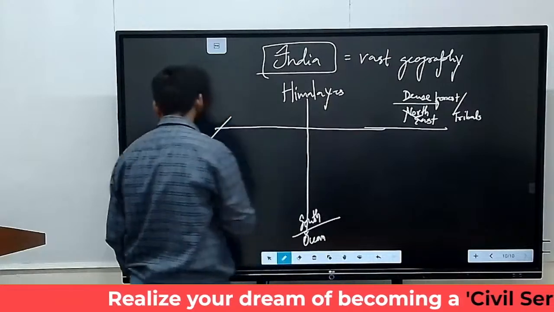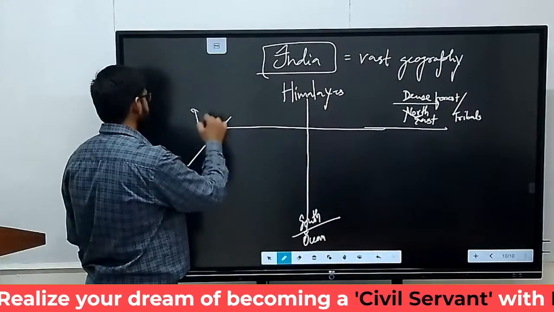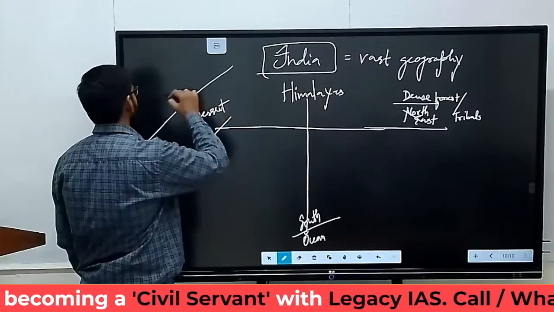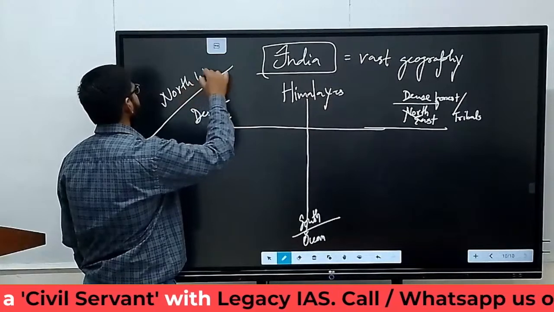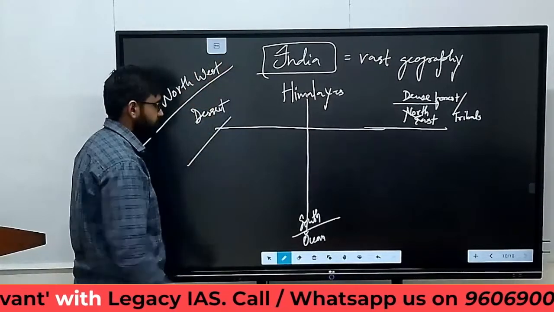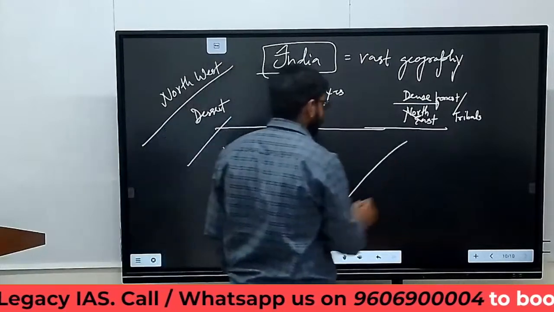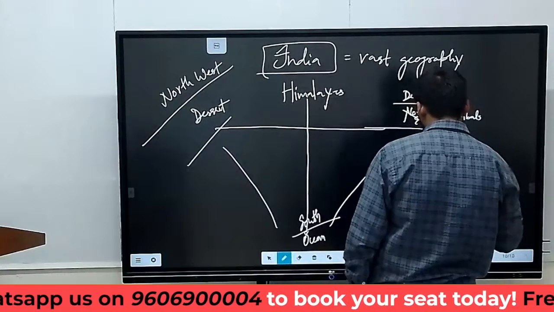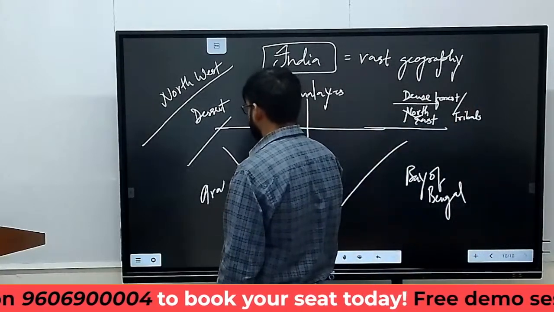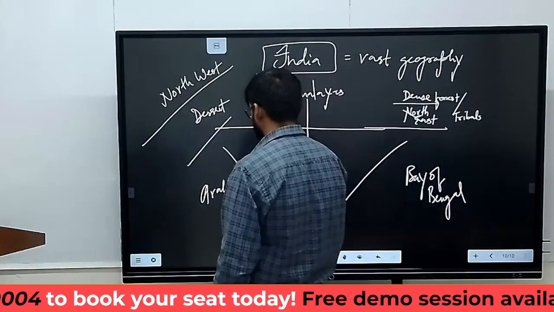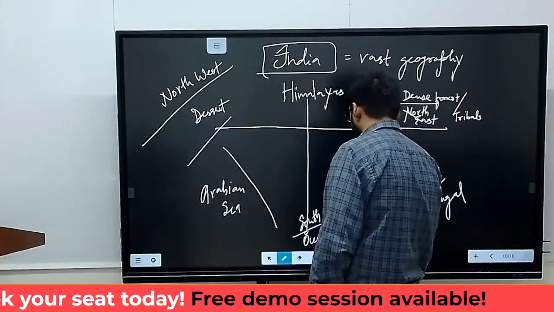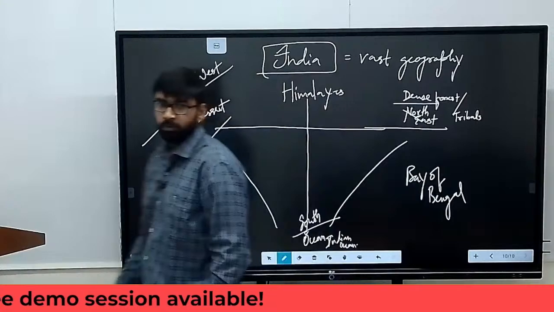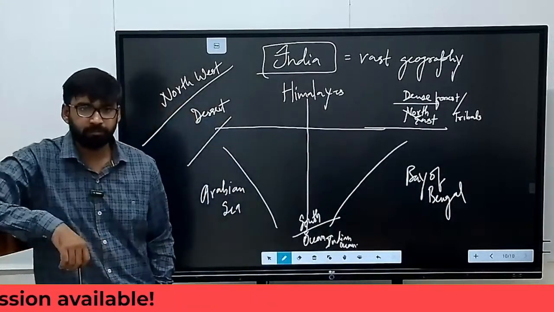And on the western side, you will see desert area, and this side northwest region, and this side again Bay of Bengal, this side Arabian Sea, and this side Indian Ocean. This is the geography of India.